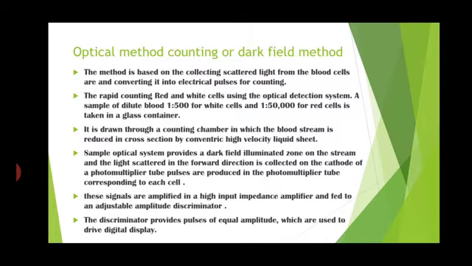Pulses are produced and counted, corresponding to each cell. So the pulses obtained in the photomultiplier tube are counted. These signals are amplified in the high input impedance amplifier and fed to an adjustable amplitude discriminator. The discriminator provides pulses of equal amplitude, which are used to drive a digital display or a counter.